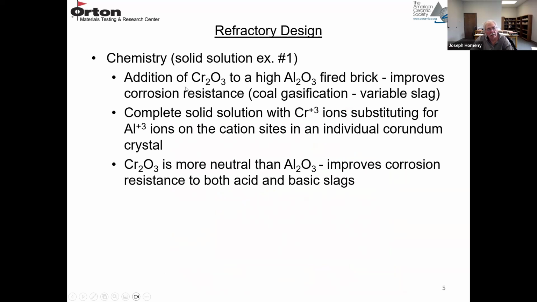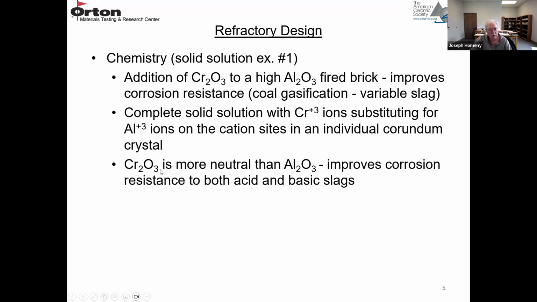So again, the addition of Cr2O3 to Al2O3 for a fire break improves the corrosion resistance. And the phase diagram shows there's a complete solid solution of the Cr+3 ions as they substitute for the Al+3 ions. They're substituting on the cation sites in a corundum crystal.